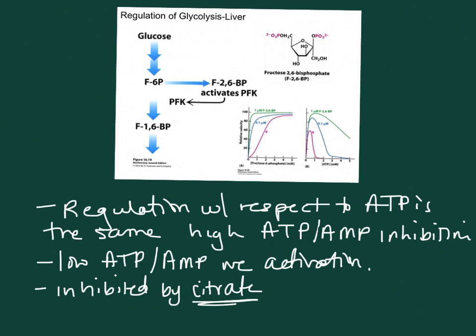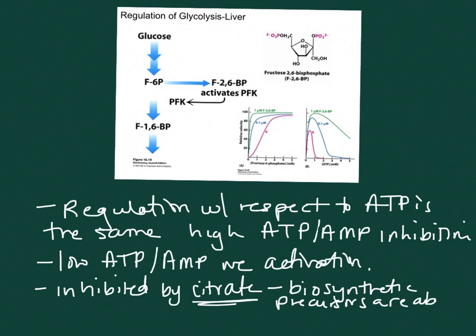A high level of citrate in the cytoplasm means that biosynthetic precursors are abundant, and this means that there is no need to degrade additional glucose for this purpose. So citrate will inhibit PFK by enhancing the inhibitory effect of ATP.